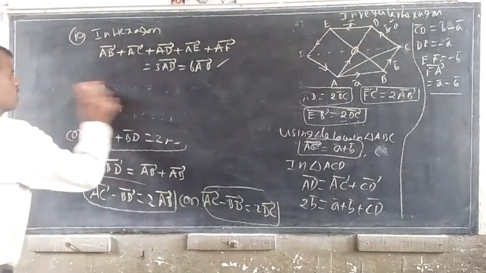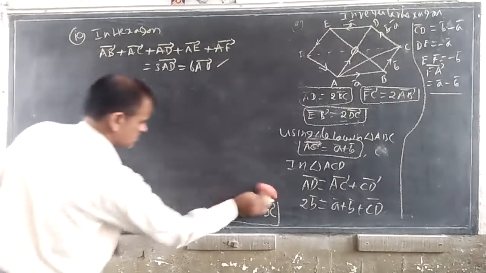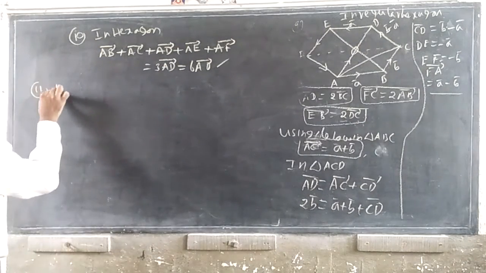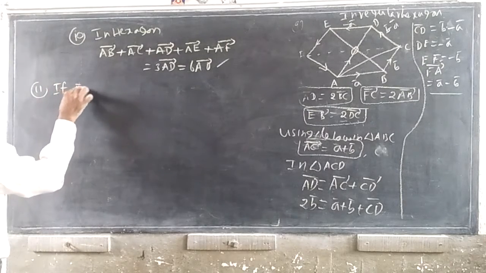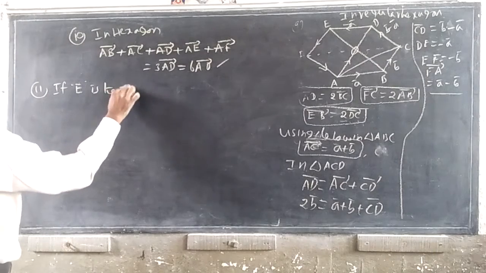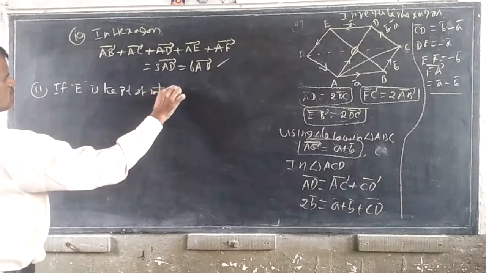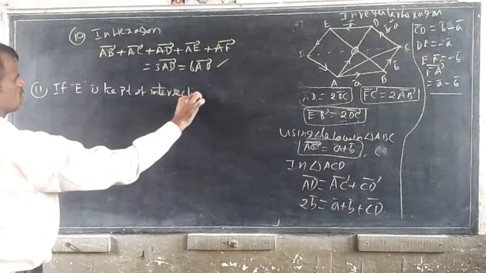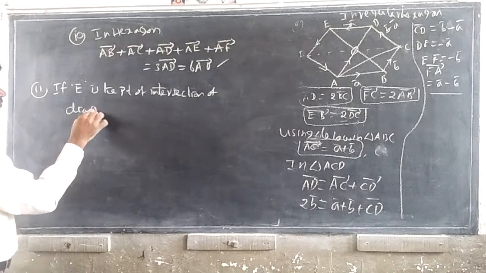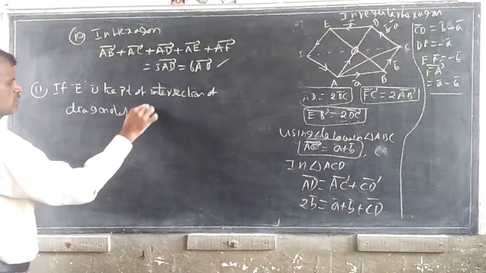If E is the point of intersection of diagonals of a parallelogram, 11th formula, of course it is the midpoint.